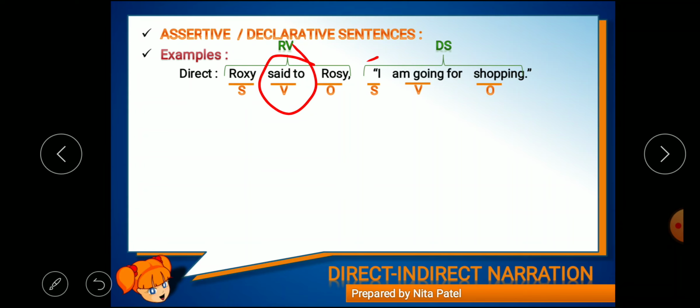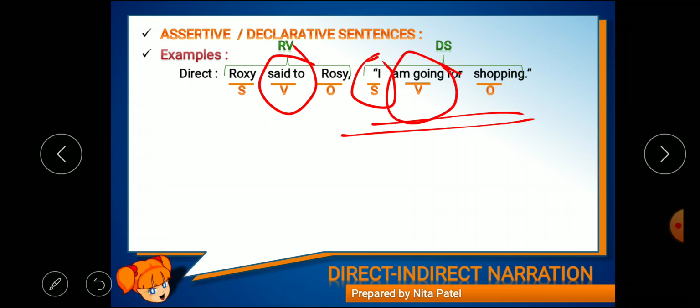Second thing, if pronouns are used, just mark them. Then tense, what is the verb form, and if other words like adverbs are used that suggest time or place, or modal auxiliaries, whatever is used here, we have to focus on that.